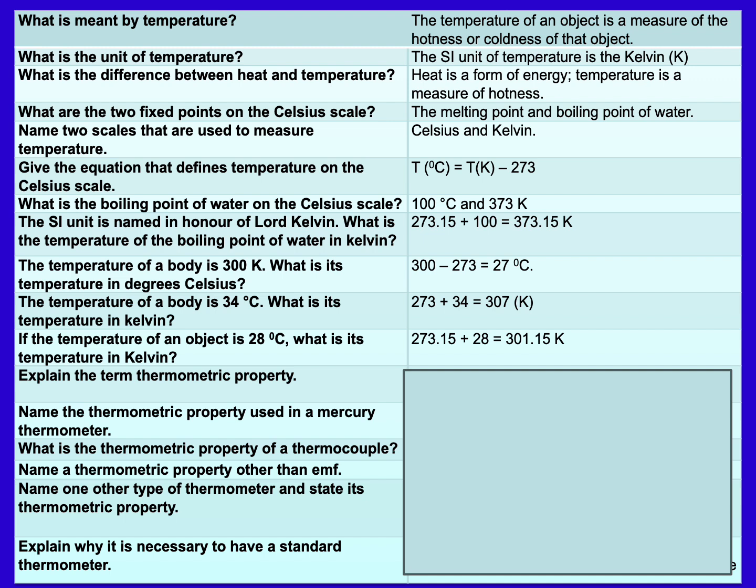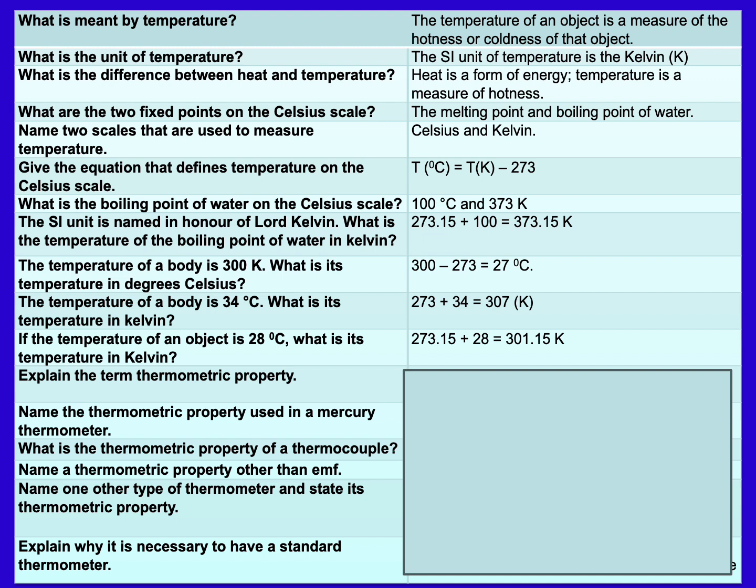Last section here in the quiz, we have 6 questions again. So moving back into a bit of theory here. Question 1, explain the term thermometric property. Question 2, name the thermometric property used in a mercury thermometer. Question 3, what is the thermometric property of a thermocouple?